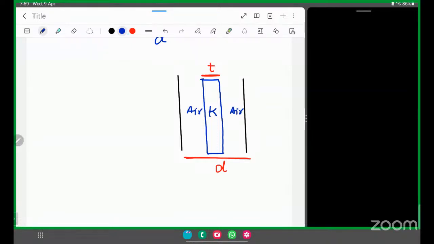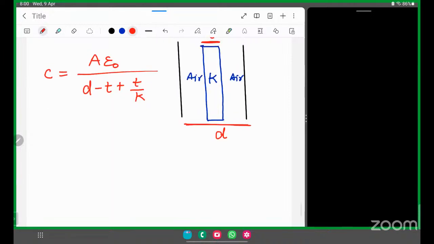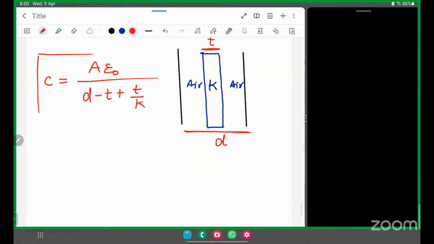The capacitance for this arrangement is C equals epsilon naught A upon D minus T plus T by K. So this is the formula for this case. All information will be provided. You just have to apply the formula.